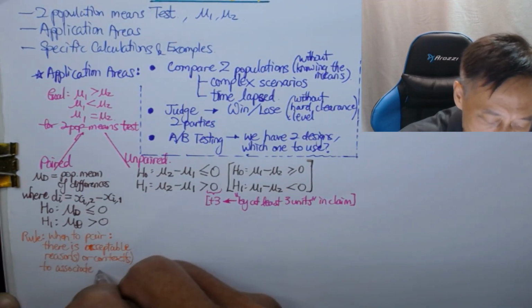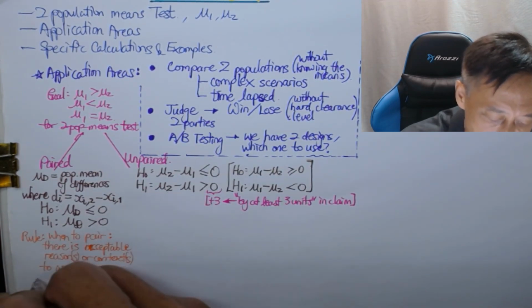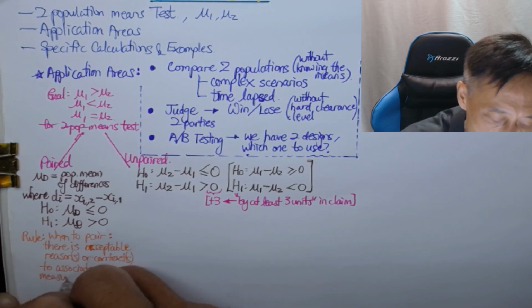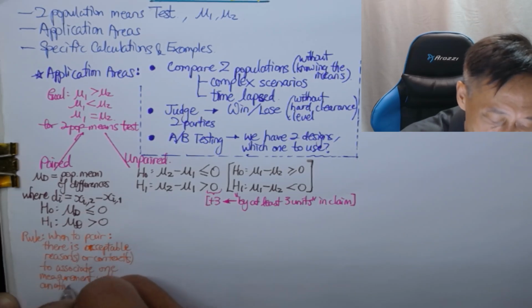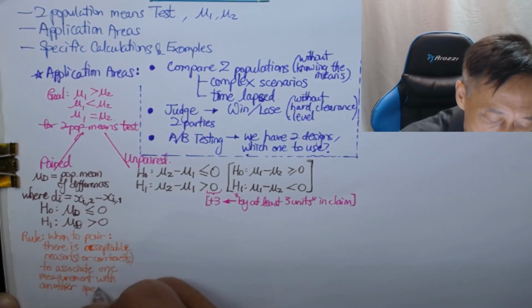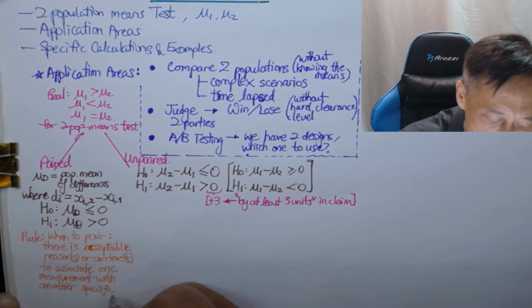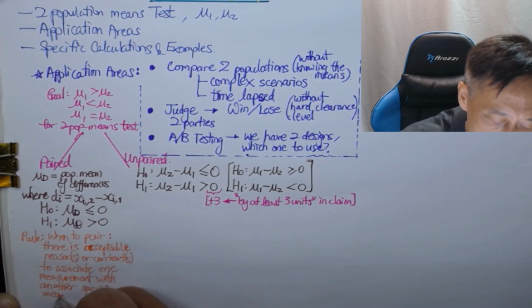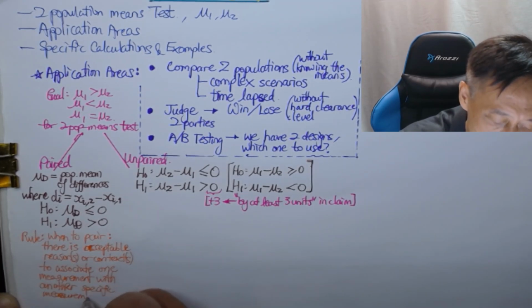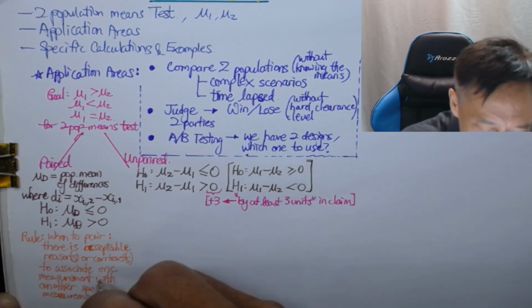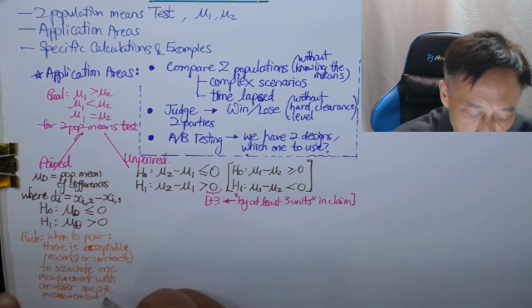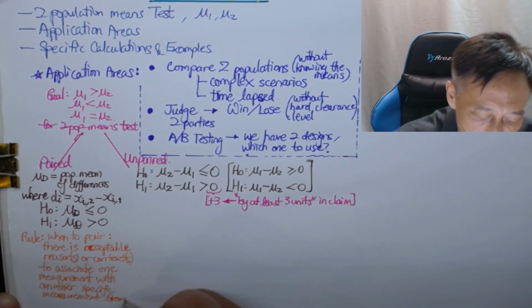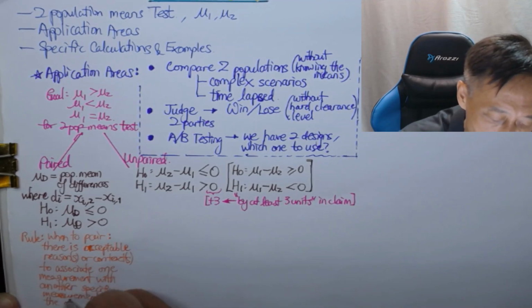To associate or pair one measurement with another specific measurement, one measurement from population one with another from the other population.